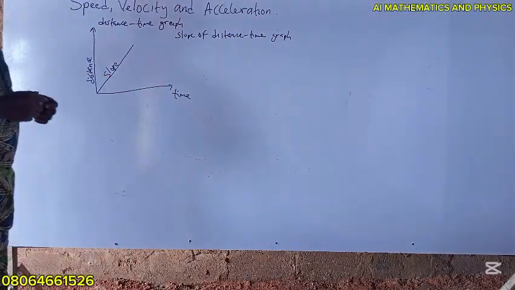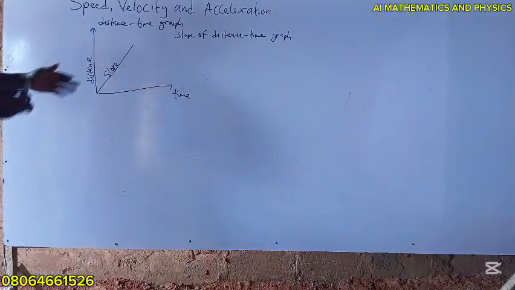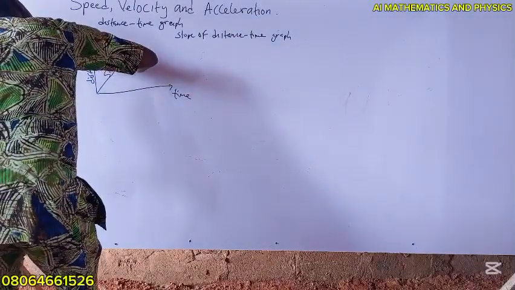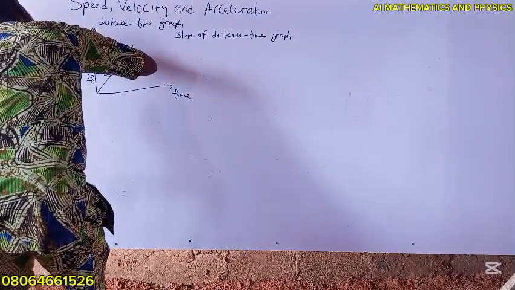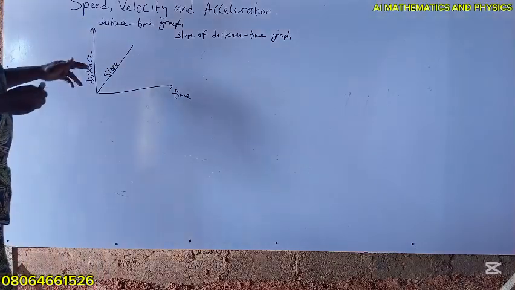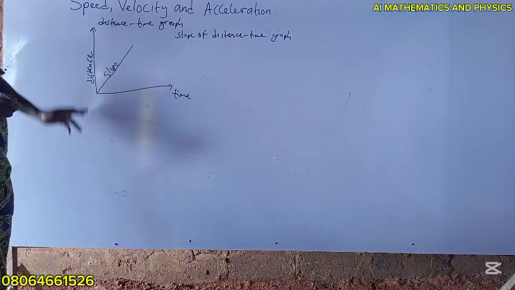We have distance along the vertical, while time is along the horizontal.